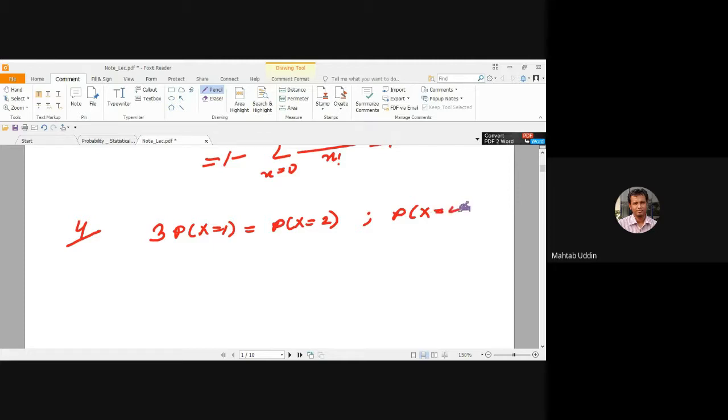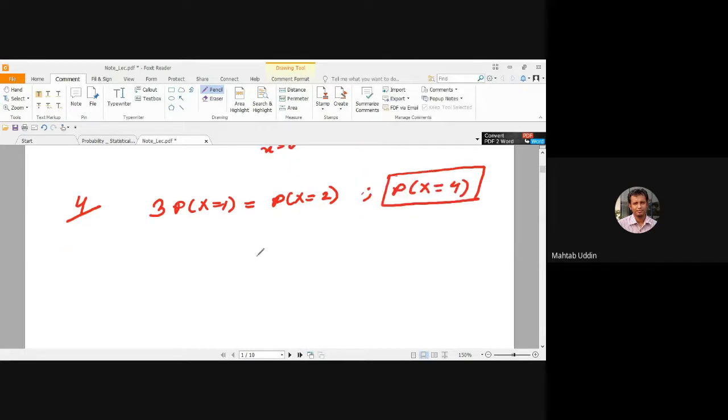This is our requirement. From the given condition we have to find lambda. Using lambda we can find the PMF, and then using the PMF we can find P of x equal to 4.